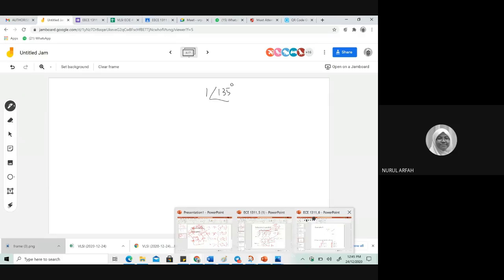Can you write this in terms of rectangular form? This is polar. And then also draw the graph, with imaginary here, and the rectangular form. And what is in exponential form?